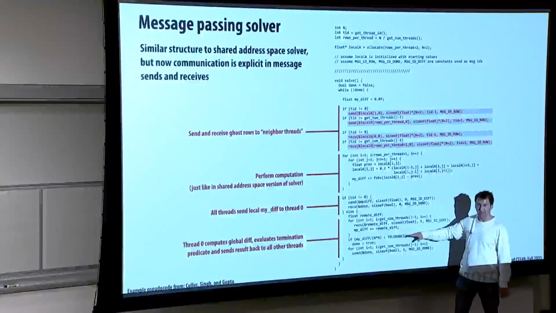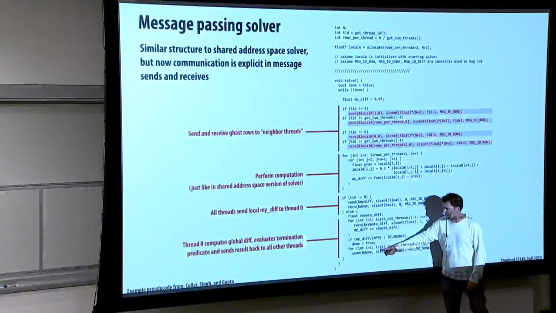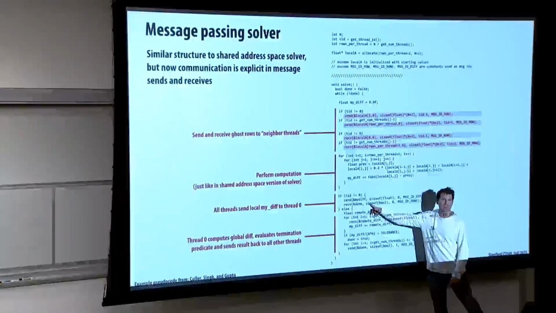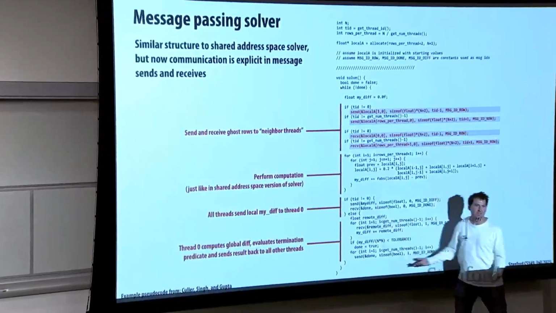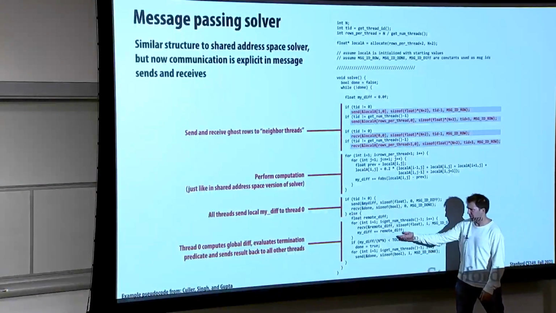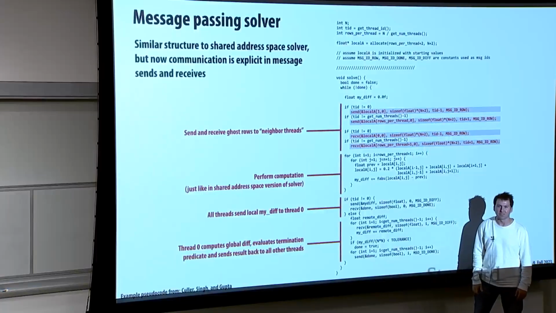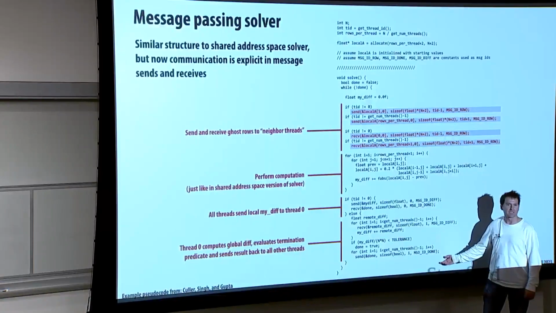So thread 0 determines this calculation. And then it actually sends the Boolean value done equals true to every other thread, which is then received right here by every other thread. Okay. Now, of course, I could have just computed the total value and sent the total value back, and everybody independently could have computed if we were done. But that's just how I did it in this code.